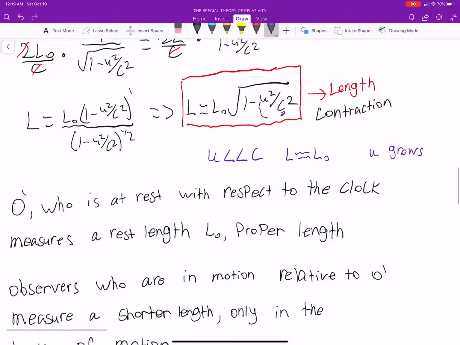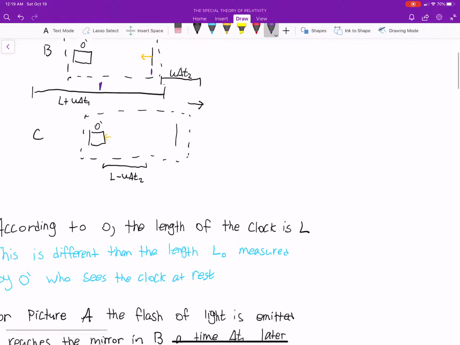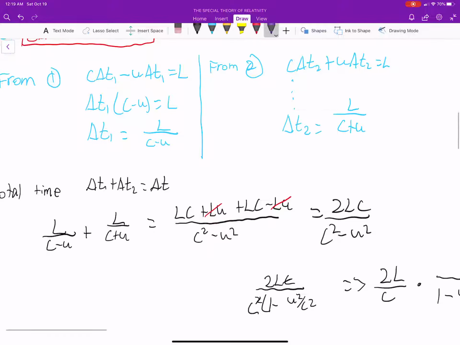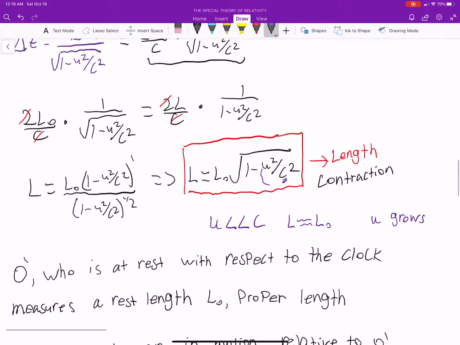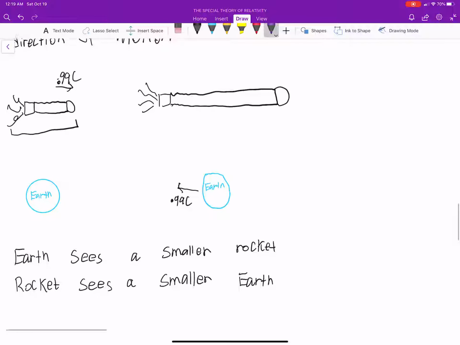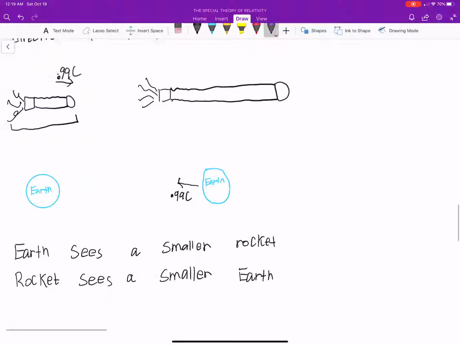So that is kind of the idea. We drew some pictures to conceptualize what's going on. We did some math. We derived our length contraction equation here. We talked about it. We see how it's being squished and why we don't see it every day.